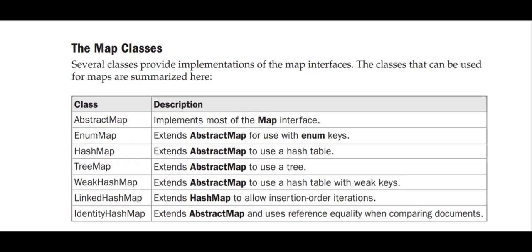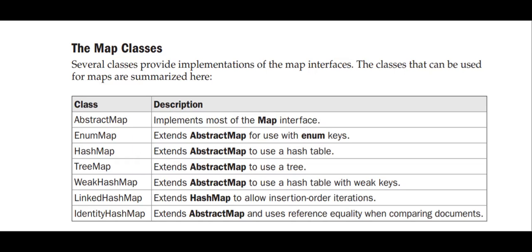When a particular key is unused for a longer duration of time, this implementation will allow garbage collection to remove that particular entry in the map. So that's the only difference. This is the list of the classes that we have. Next we shall discuss them one by one.